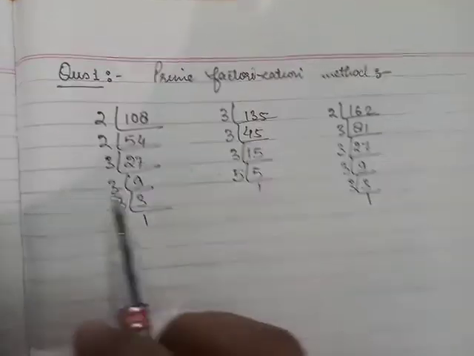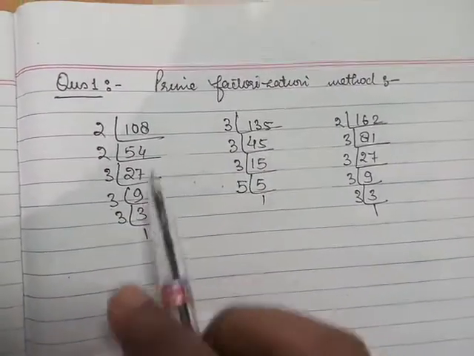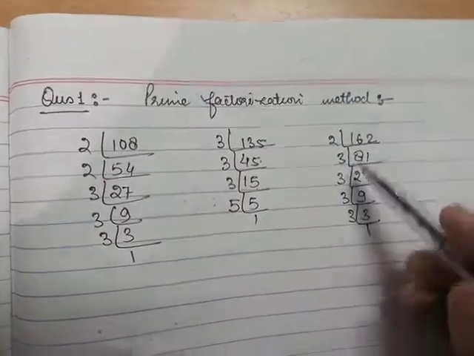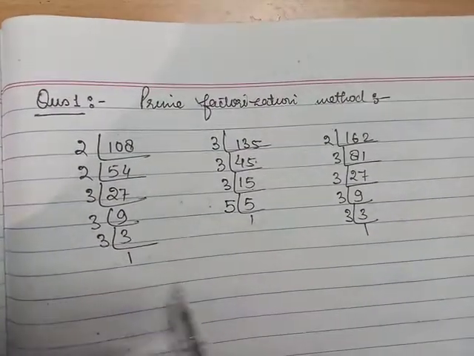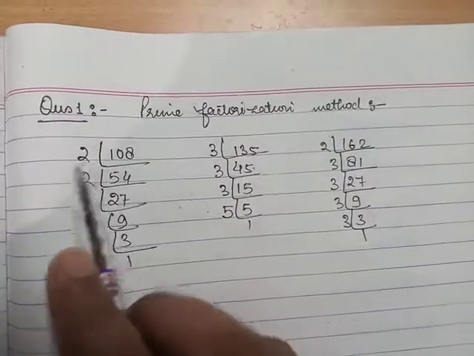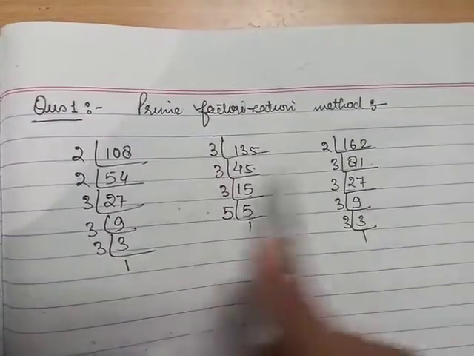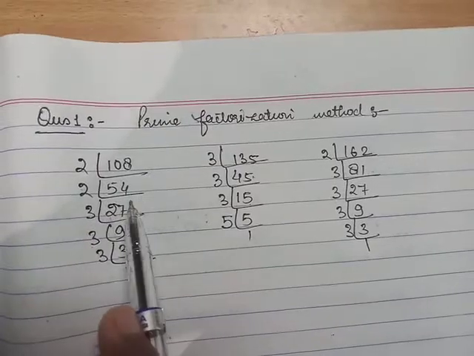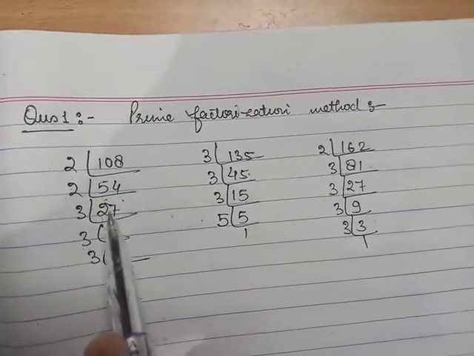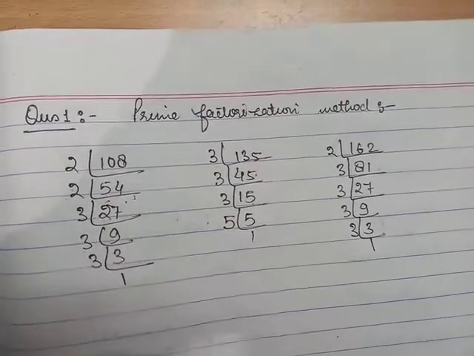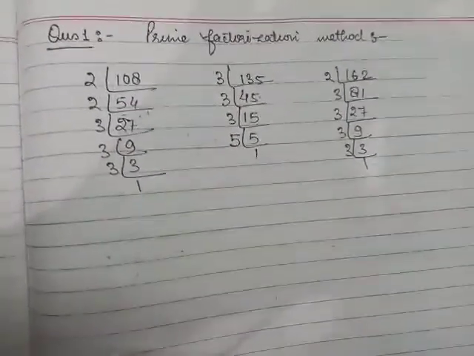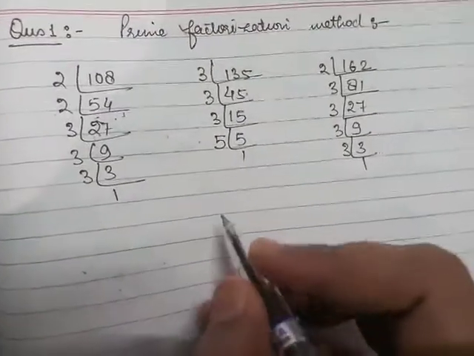So you can see here the factors of 108, 135 and 162. You can see that I have found the prime factors of all these numbers. You can see 2 when cut 108 gives 54. 2 when cut 54 gives 27. In this way I have done the prime factorization.